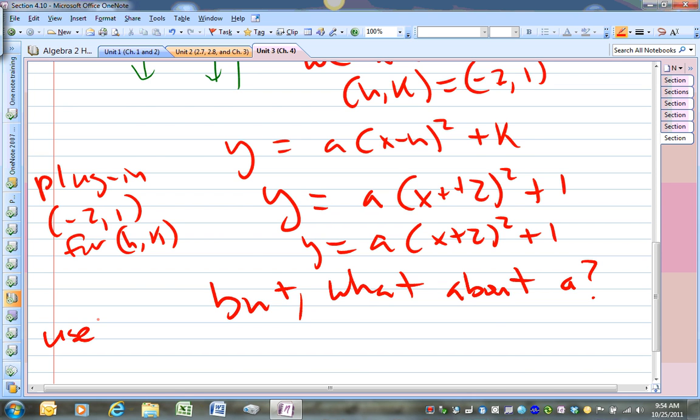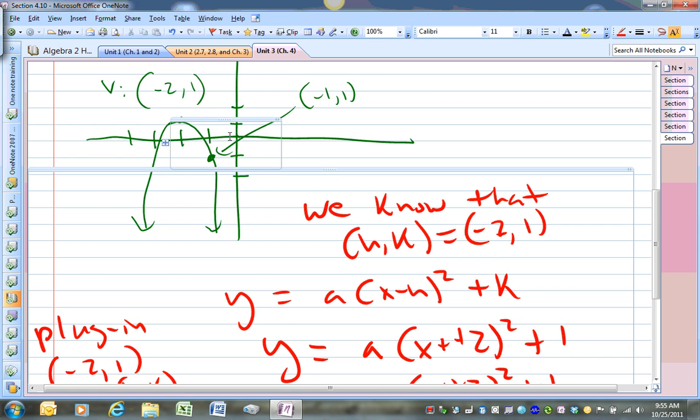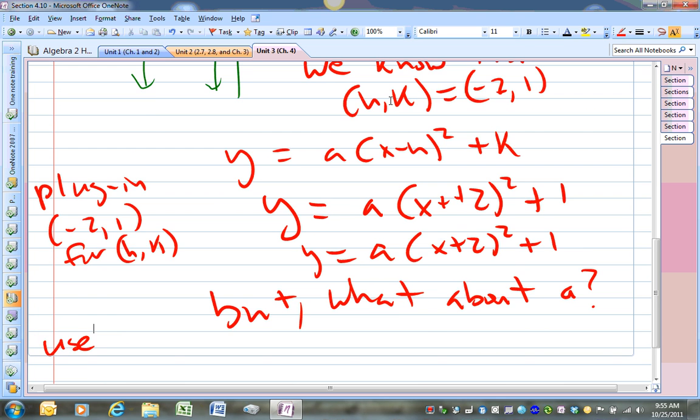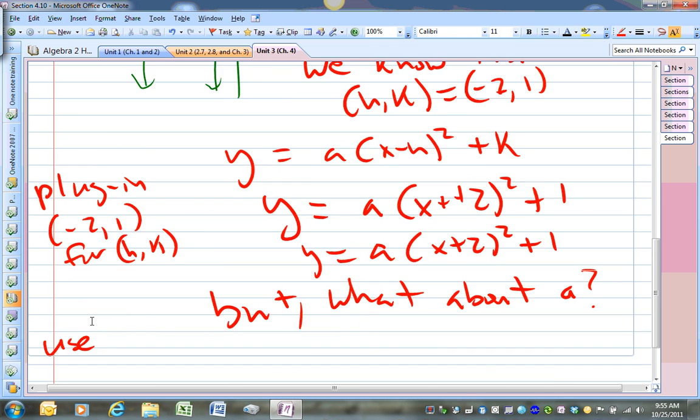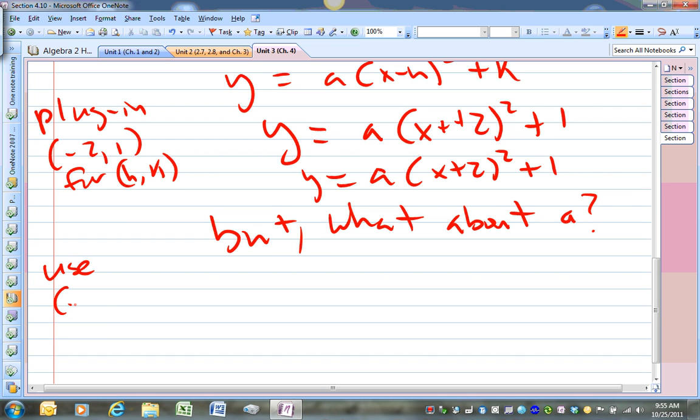You want to use that point right there. So you can plug it in for x and y.